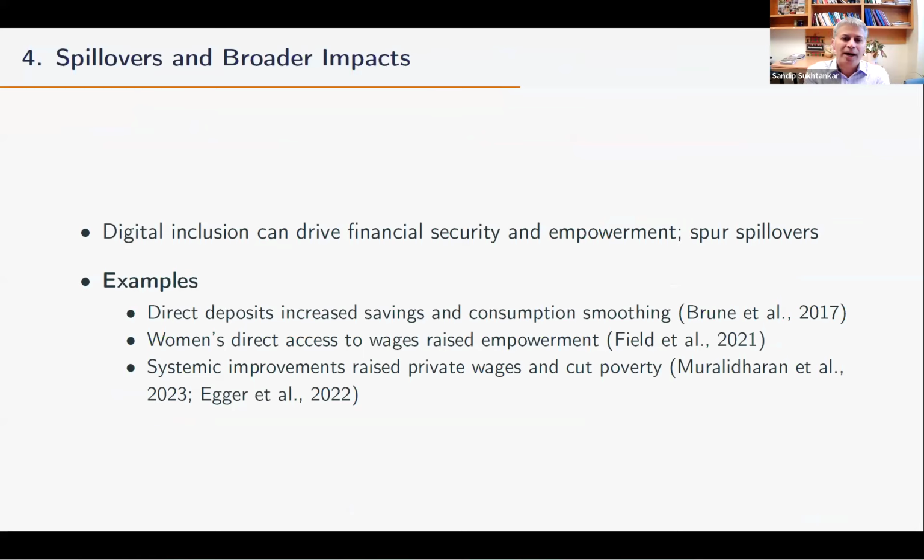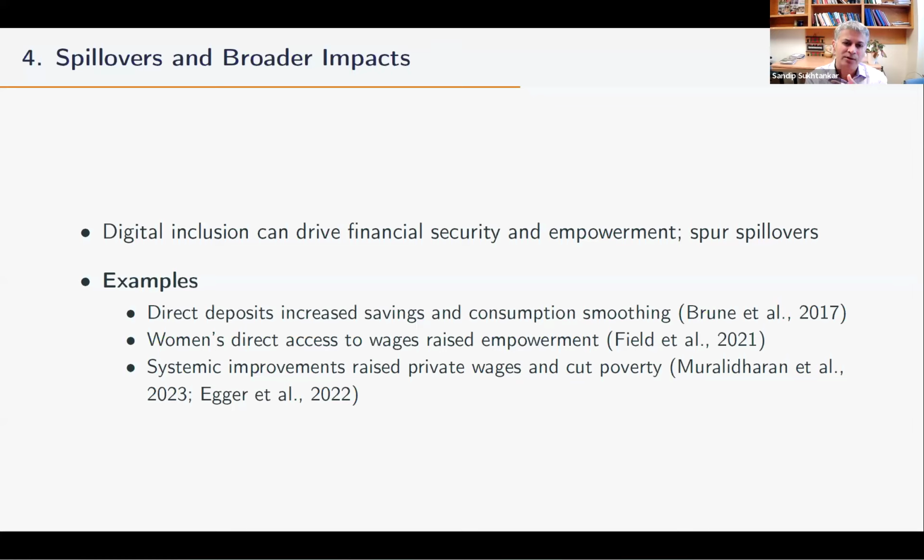Okay, so that was very interesting, maybe something that people haven't necessarily thought about in terms of the benefits of digital technology. Another thing that you may not have thought of is how this could drive other outcomes, have spillovers to other outcomes related to financial security, related to women's empowerment.